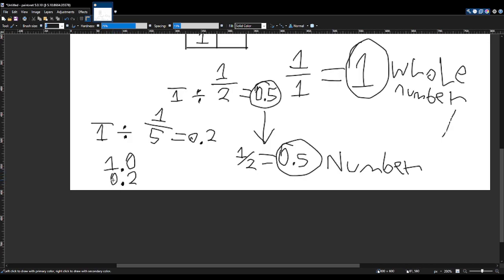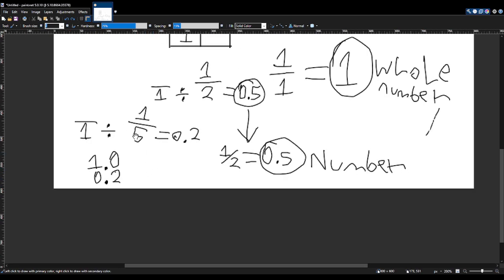When there's nothing there, you use 0. So 10 divided by 5 equals 2, and the decimal carries over, and now it's a 0 over here since the 10's digit is gone. So 1/5 means 0.2.